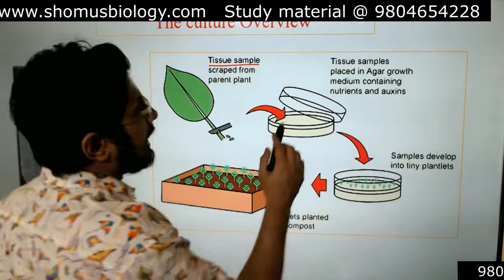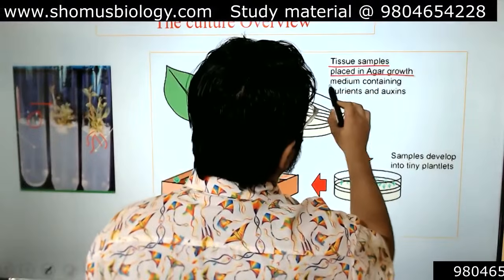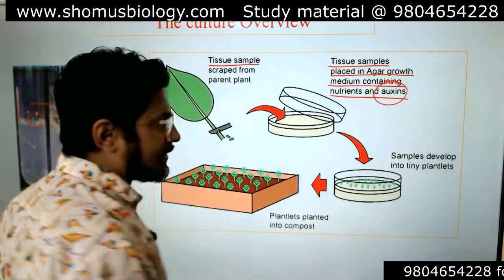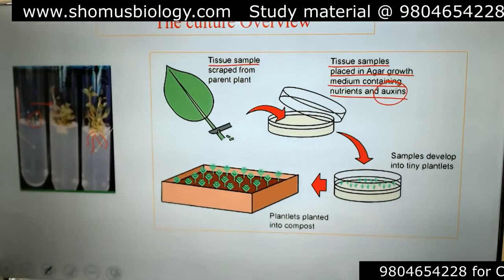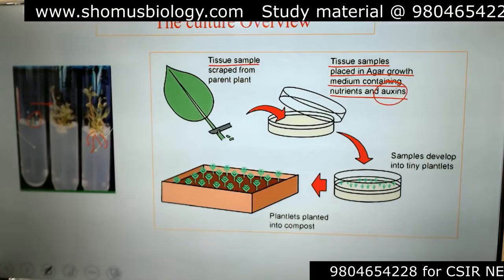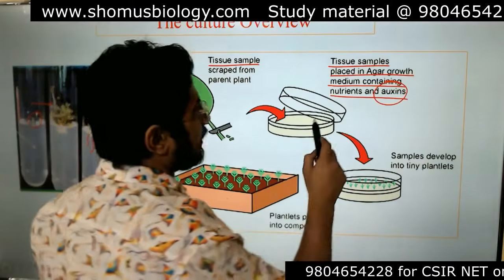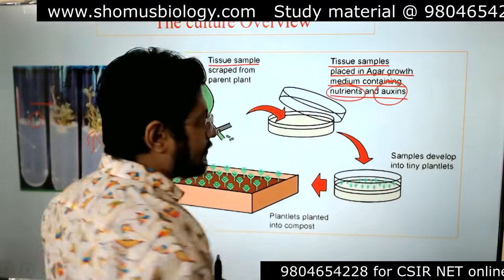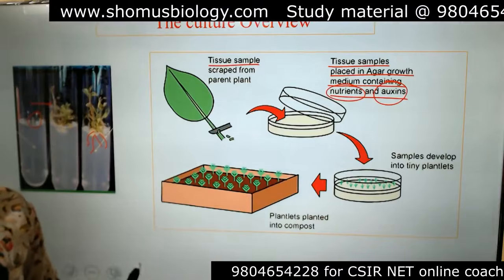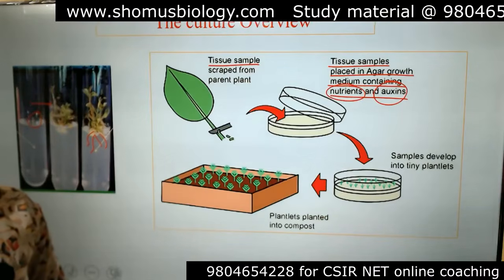If you take it, the tissue sample is placed in an agar growth medium containing nutrients and also containing growth hormone, that is auxin, okay? Primarily, we need to provide them with auxin as a growth regulator, because obviously they need nutrients, and we can make the medium liquid, or we can add agar to make it solid. But we need to provide the nutrients.